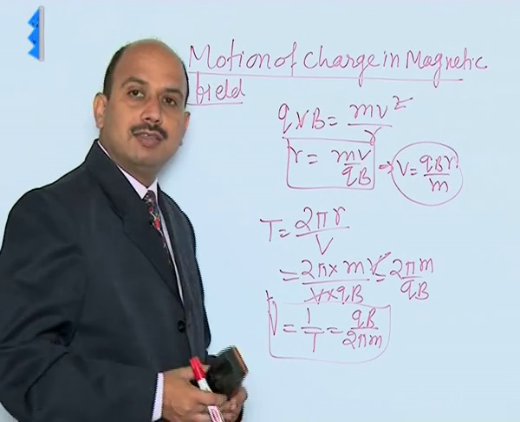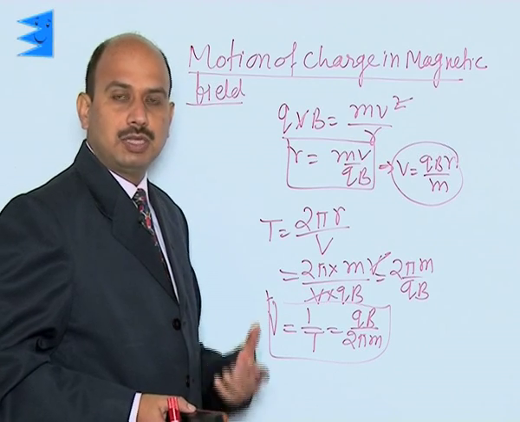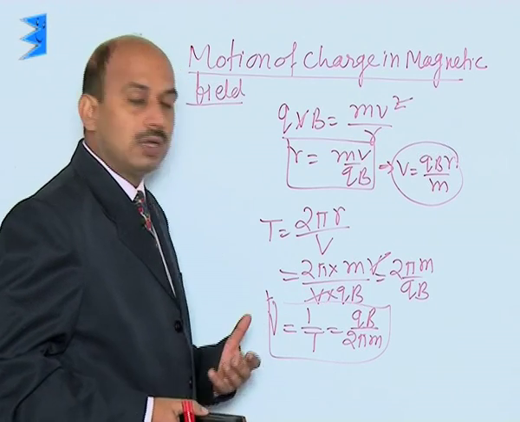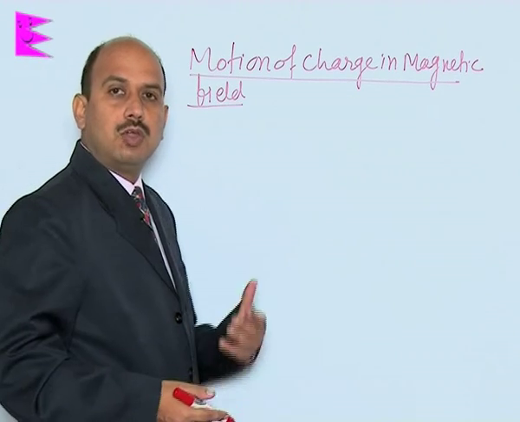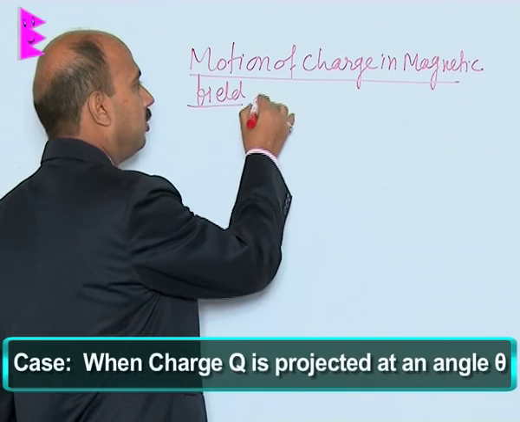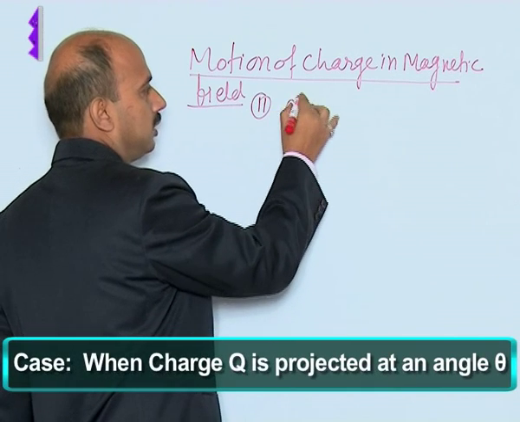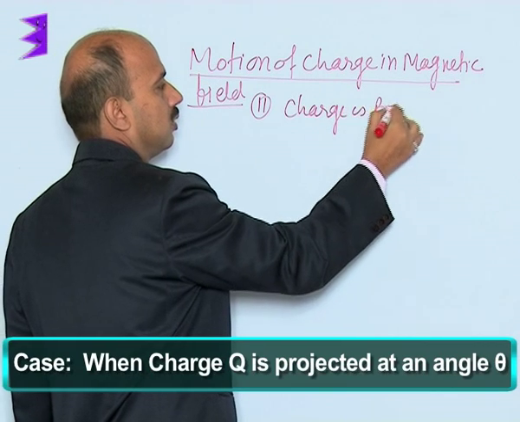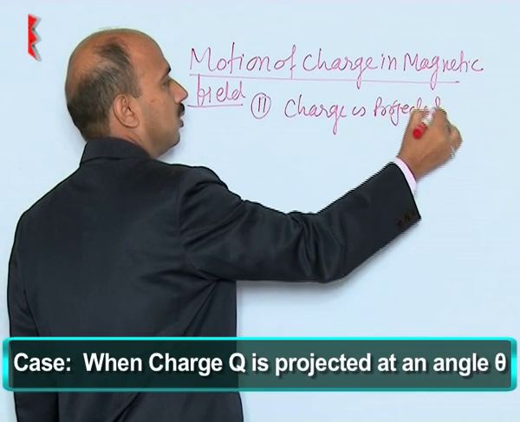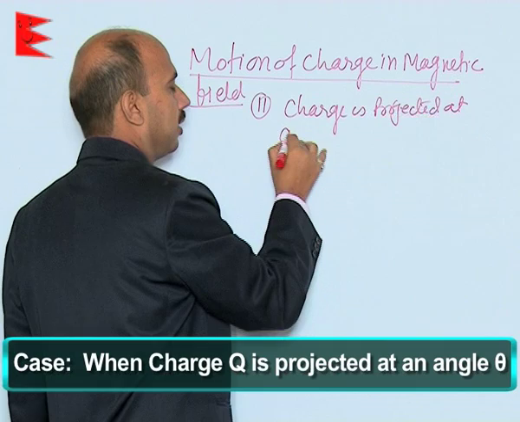So, this was the case when the charged particle was projected perpendicular to the direction of the magnetic field with velocity v. Now, in the second case, the charge is projected at an angle theta.